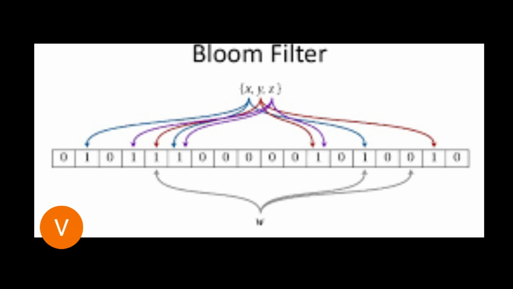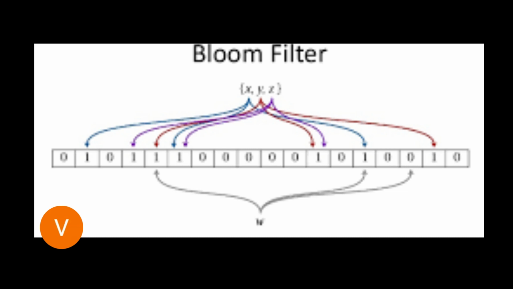Let us try to understand what happens when we search. When we want to search if Sachin is present in the database or not, since there were three hash functions, we get three indices, and in this case they are 4, 5, and 9. So while searching we will go to 4, 5, and 9.